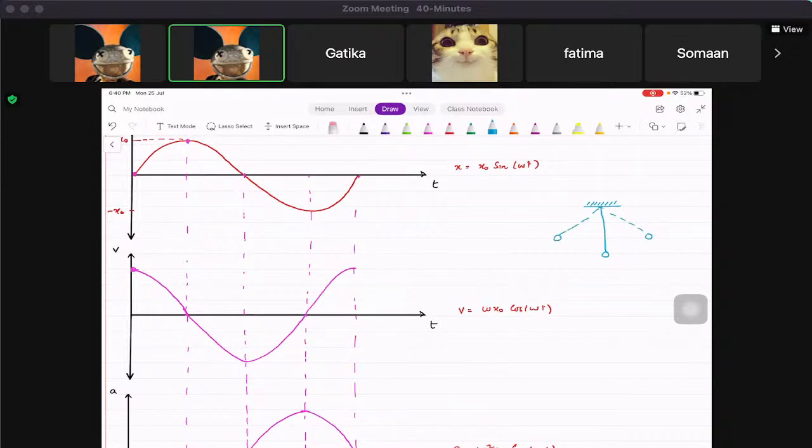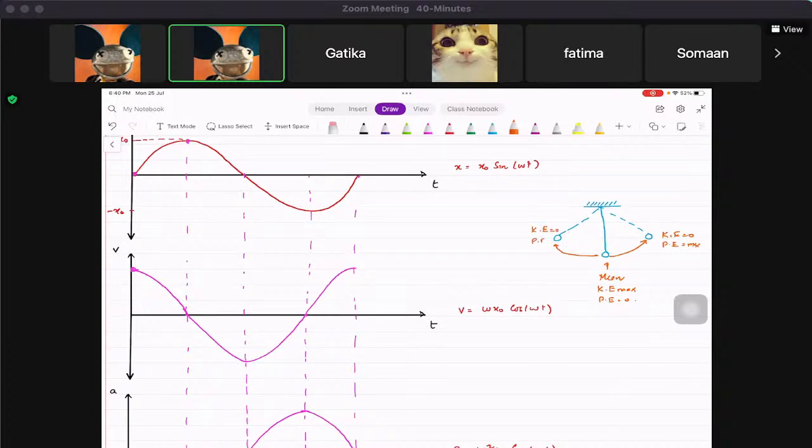You need to understand that at the mean position, the kinetic energy is maximum and the potential energy is zero with respect to the movement. When it goes from here to here, the kinetic energy becomes zero and the potential energy becomes maximum. On the other side, it is also the same case: the kinetic energy is zero and potential energy is maximum.